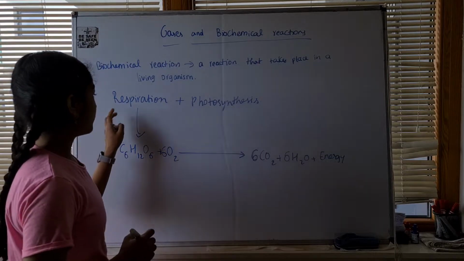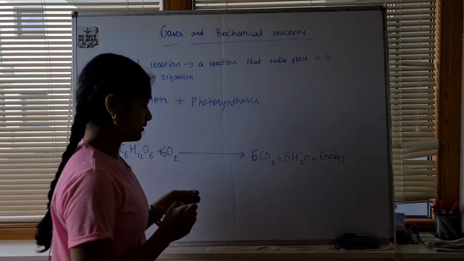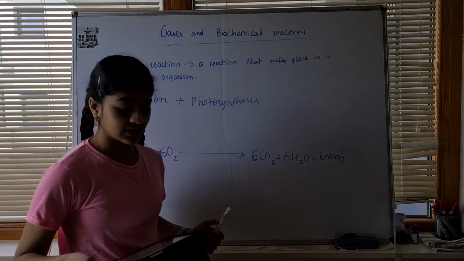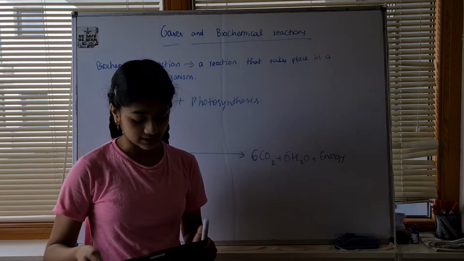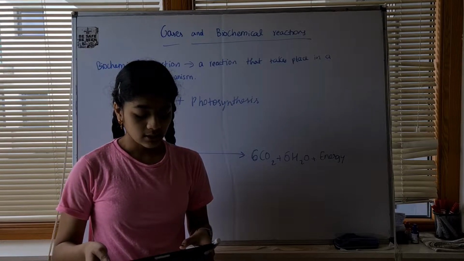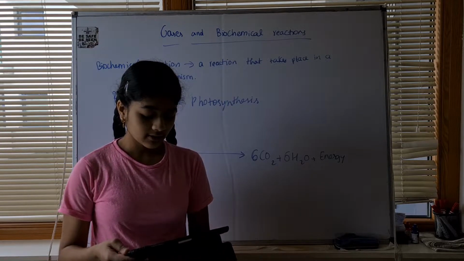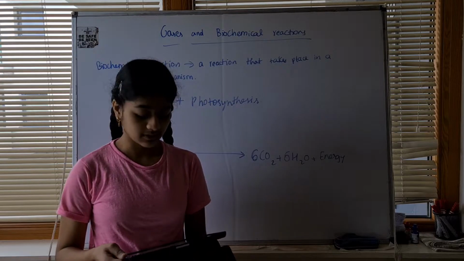C6H12O6 is glucose from food. This is the reaction for respiration. So it uses oxygen gas and produces carbon dioxide gas. This carbon dioxide is part of the carbon cycle. So a biochemical reaction is a chemical reaction that takes place in a living organism.